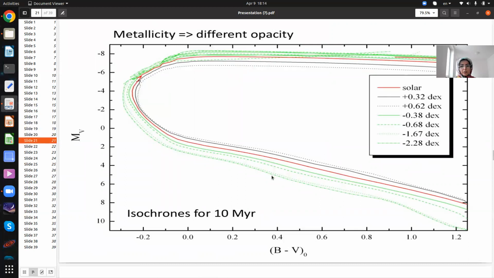Here you see the isochrone for 10 million years, and we can say that metallicity can change the isochrone. So the isochrone is dependent on metallicity. And you see that for different metallicity, we have different isochrones.